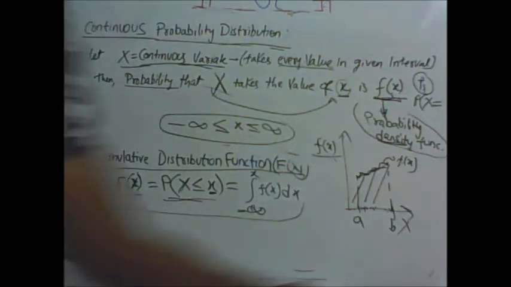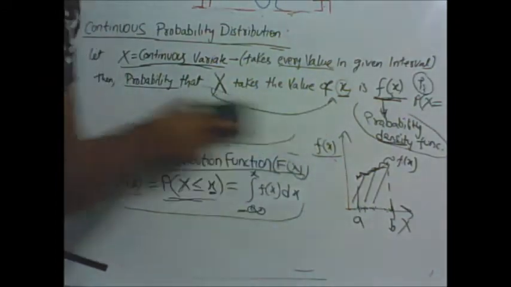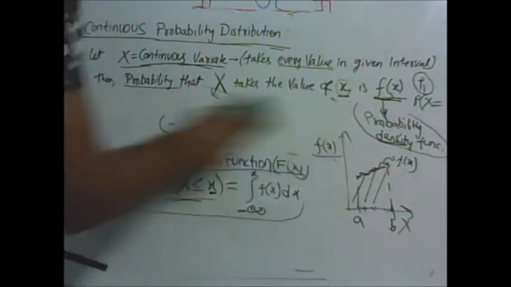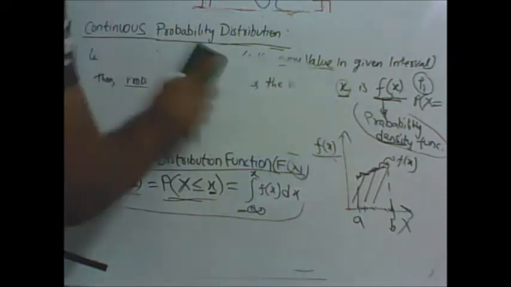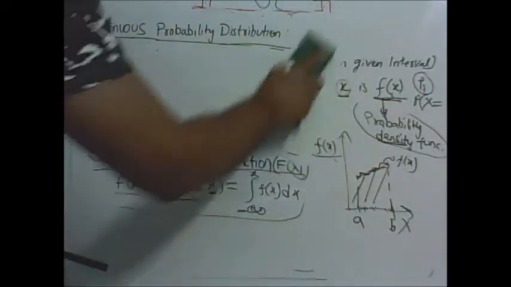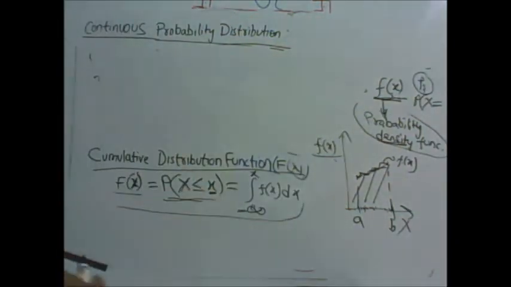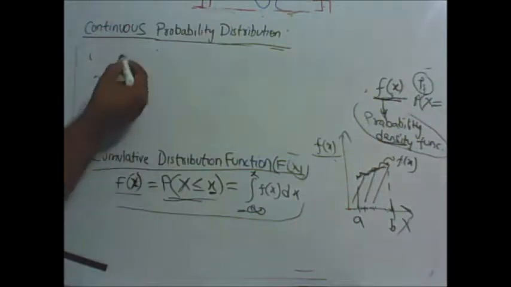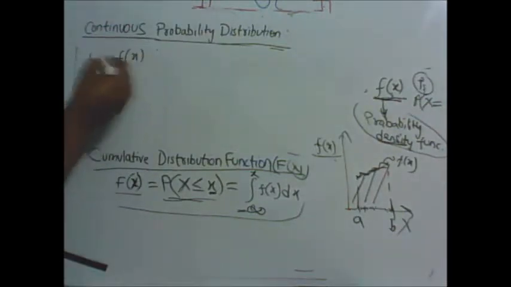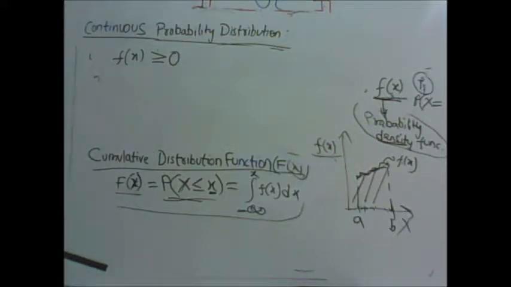Few more things. As a probability density function, f of x is regarding probability, so f of x is always greater than or equal to 0.